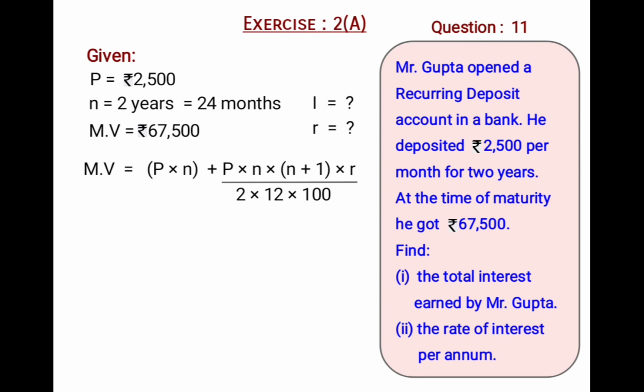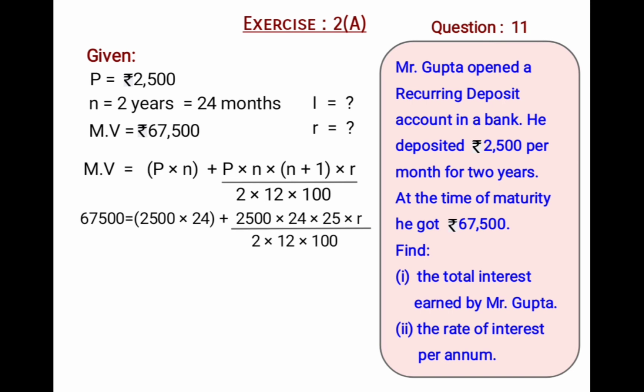Now we need to substitute the values of P, N and MV. 67,500 equal to 2,500 into 24 plus 2,500 into 24 into 25 into R whole divided by 2 into 12 into 100.